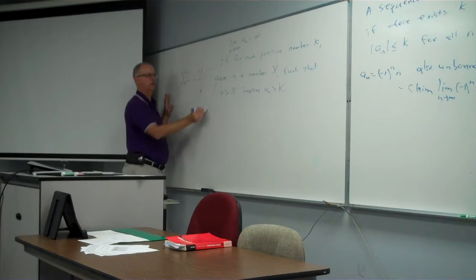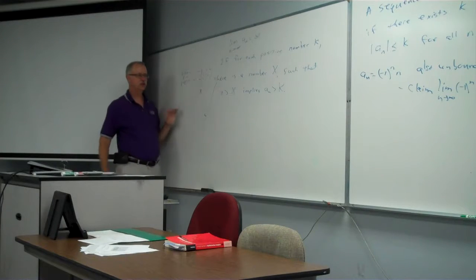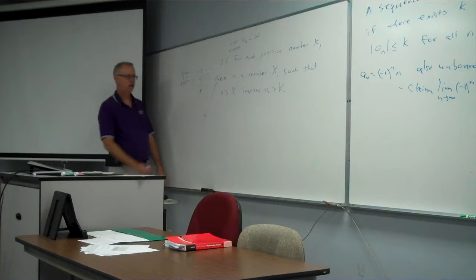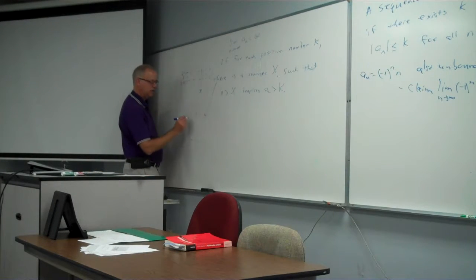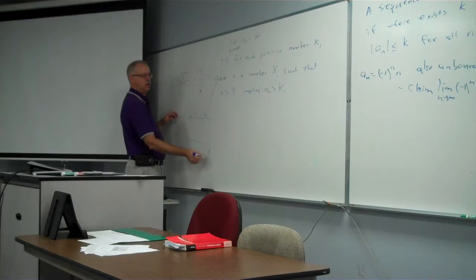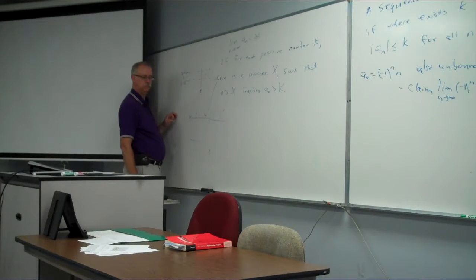That's what we've been working with. Here, instead of epsilon, because there's really no sense we could get with an epsilon of infinity, player A plays a capital K, and player B comes along and finds a capital X, so that past X, all the terms are bigger than K.